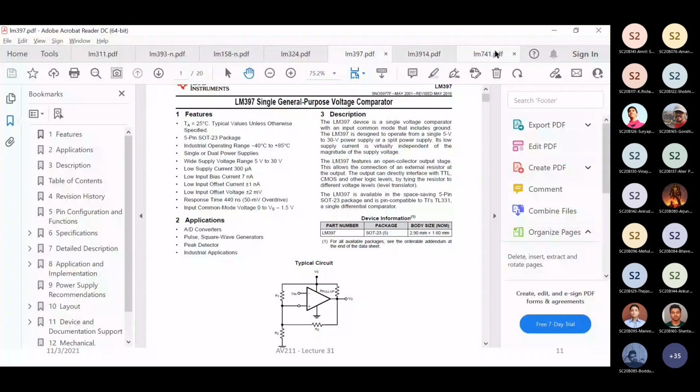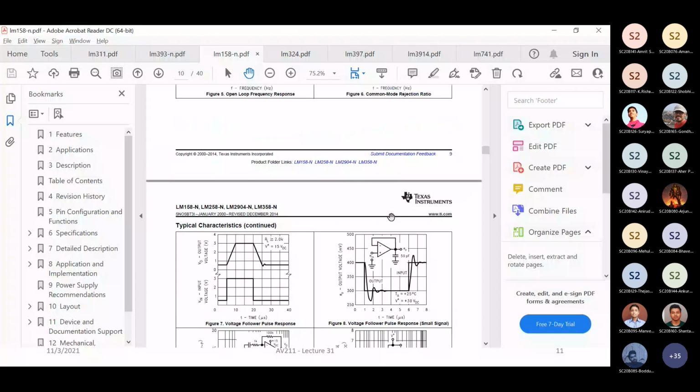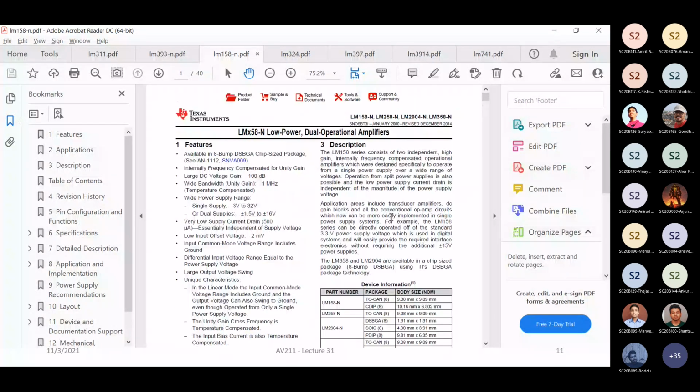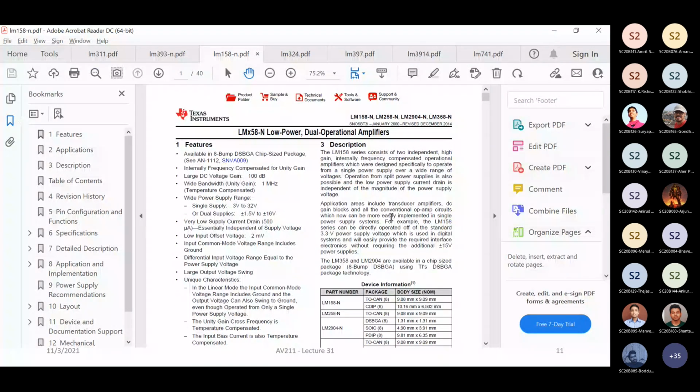You can look at it. 741 obviously is an op-amp. LM158 is again an op-amp. You can see that some of the op-amps will have a much better slew rate, so they can work better as comparators as well.